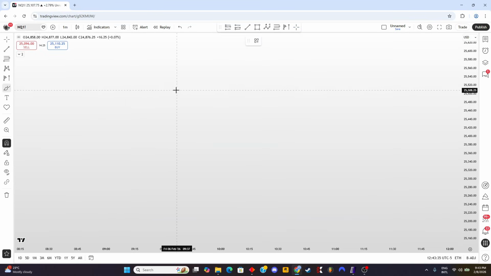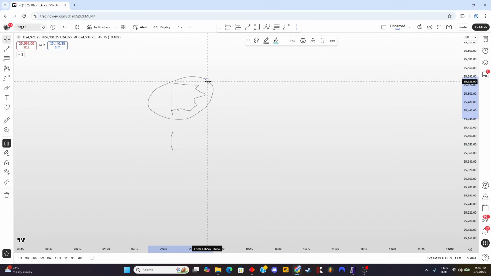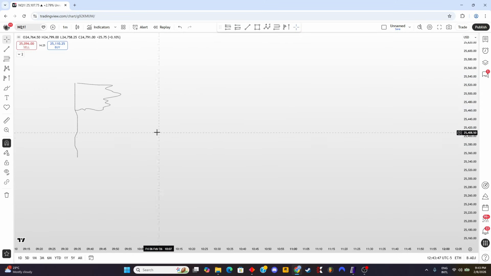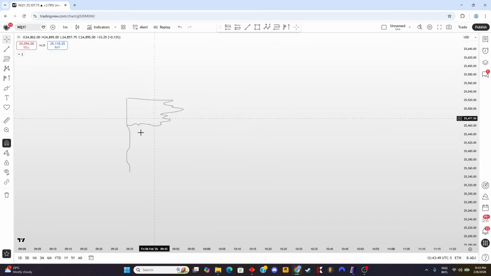First of all, what we have is a P shape, okay? Where most of the transactions happen in the upper portion of the entire volume profile. You can clearly see we have a P shape volume profile.